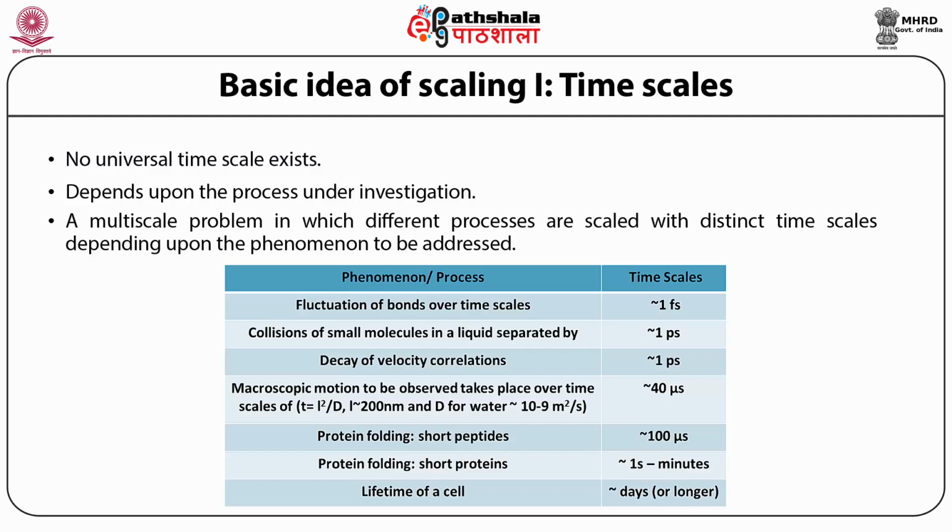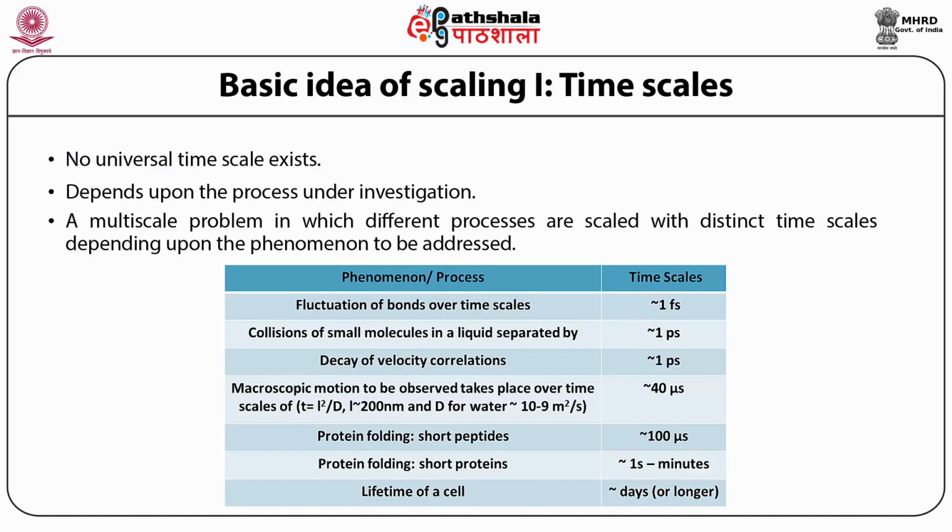If we have the fluctuation of bonds, the time scale is around 1 femtosecond. The collisions of small molecules in a liquid are around 1 picosecond. Decay of velocity correlations is around 1 picosecond.